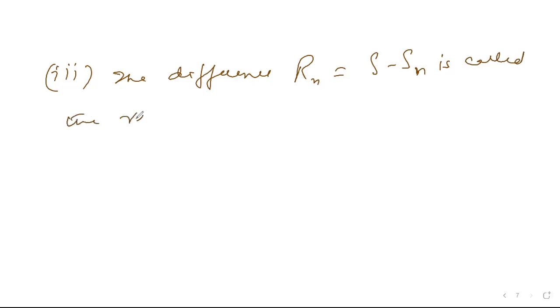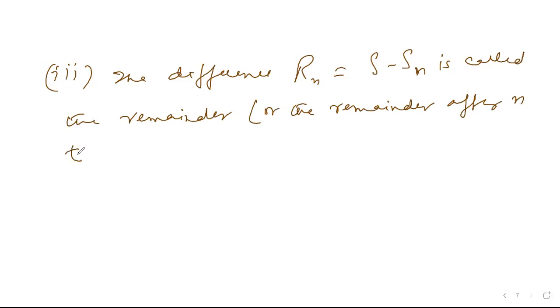The difference Rn, which is S minus Sn, is called the remainder, or the remainder of the n terms, right?